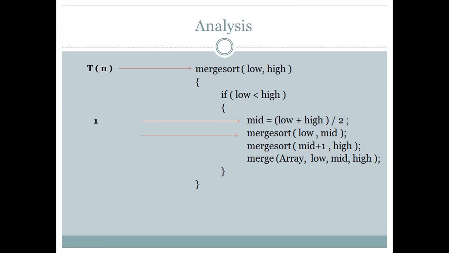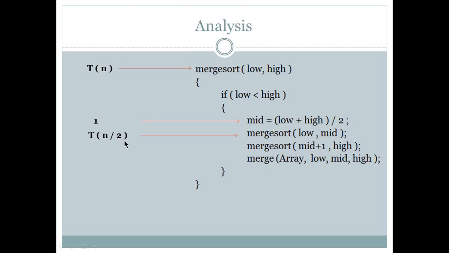Merge sort on low to mid means half of these numbers, so half of this means n divided by 2, and its complexity will be T(n/2).